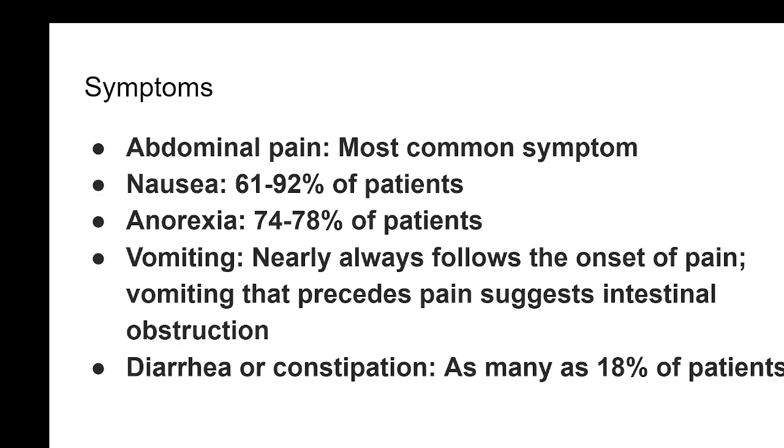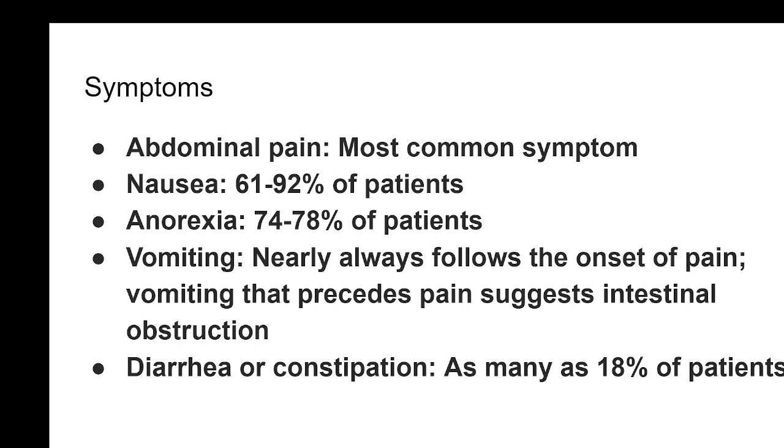characteristically the vomiting follows the onset of pain. There would be an acute episode of pain, then the patient vomits. Usually, vomiting produced before the pain suggests intestinal obstruction, or even mesenteric lymphadenitis, which we will discuss later on.